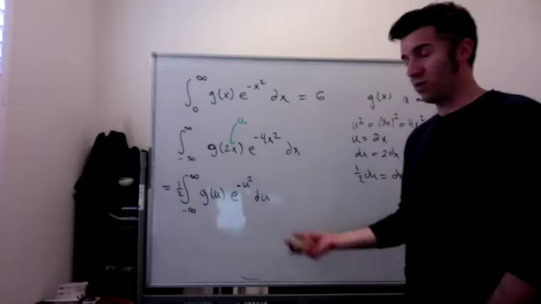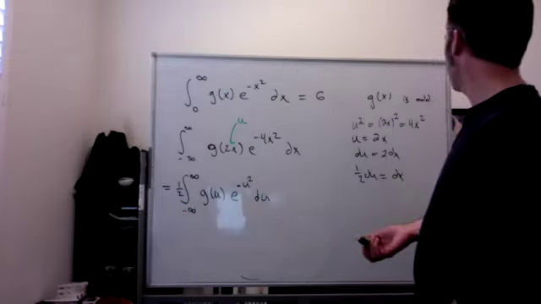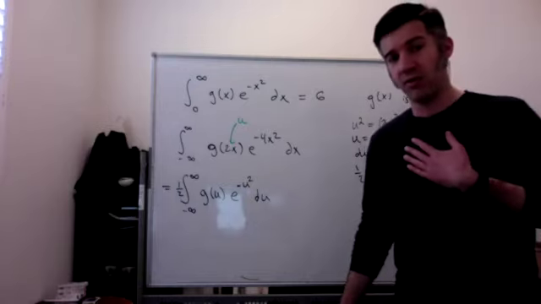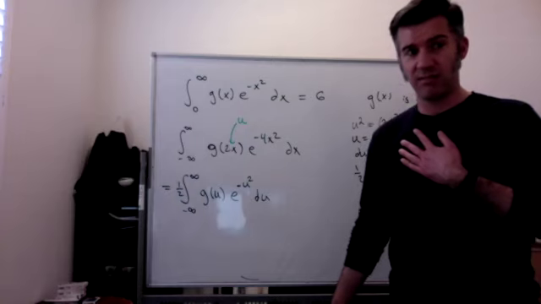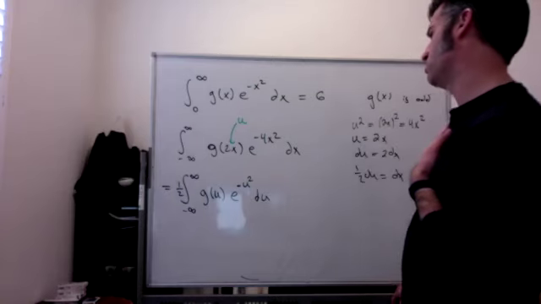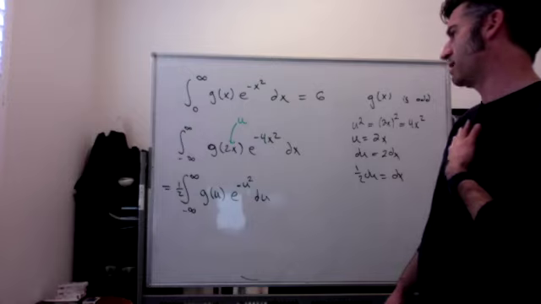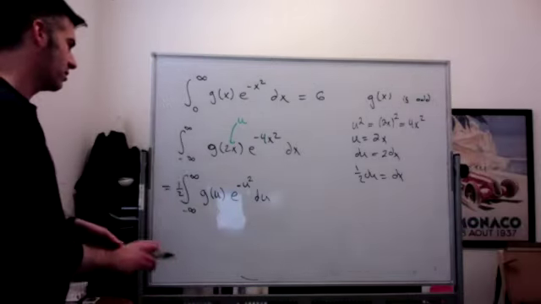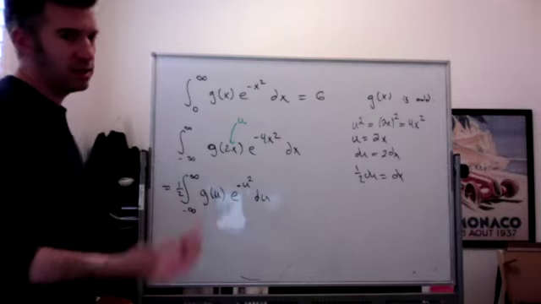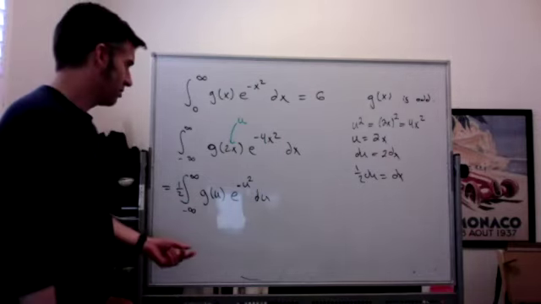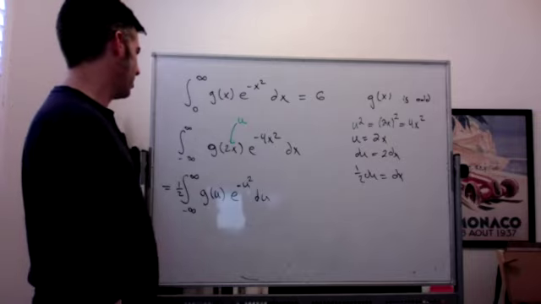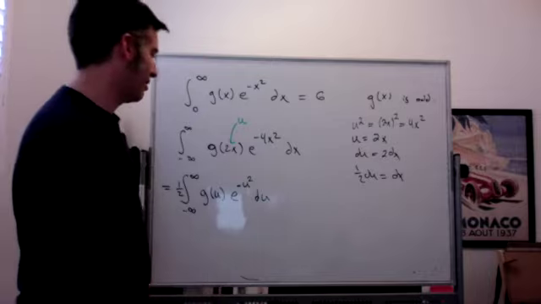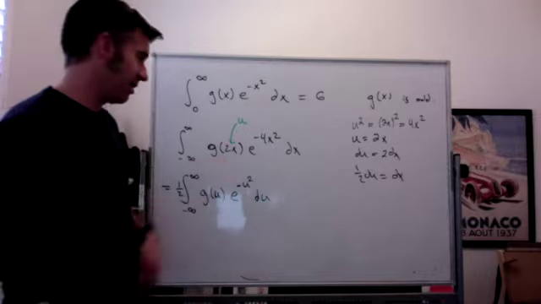Now we can break this up. I don't see how knowing that g of x is odd is particularly useful, oh, I take it back. I see it now. Because g of x is odd, I feel like this should be done differently, though I could be wrong.